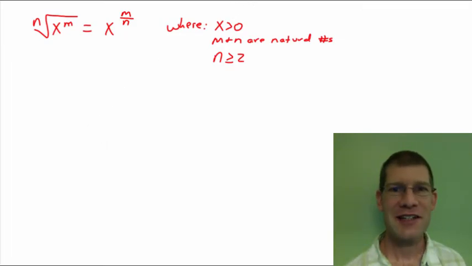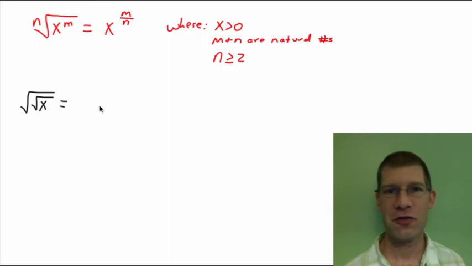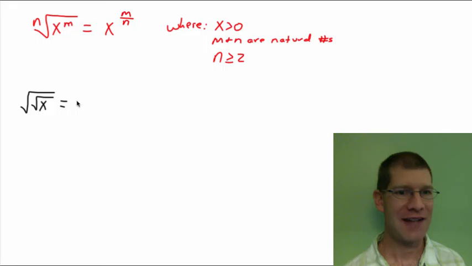The very last thing I wanted to hit in this section is this. If we have, say, the square root of the square root of x, and it says write that as a single radical. It looks bad, it's really not. I'm going to put the 2's in, just so we know that they're both square roots.